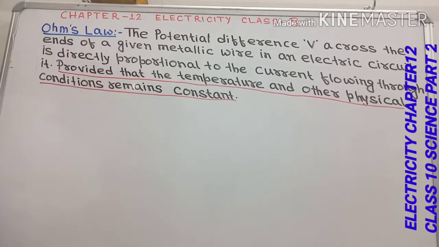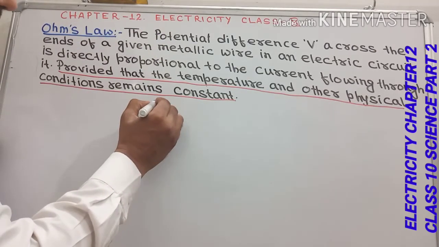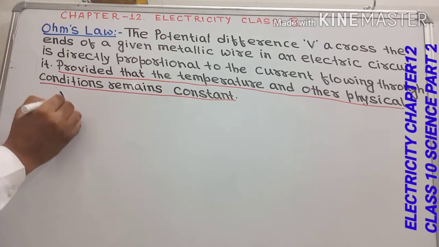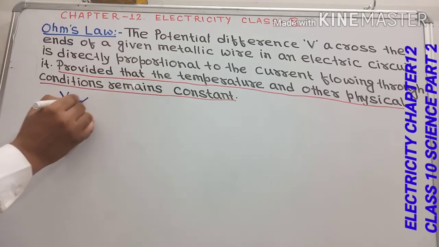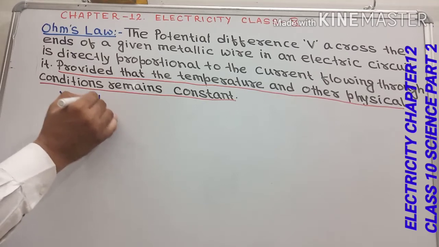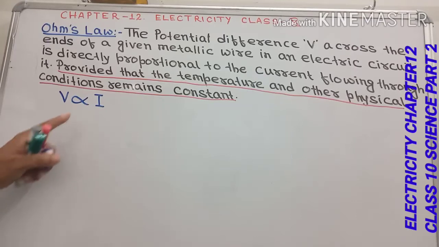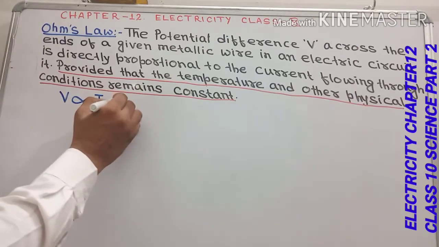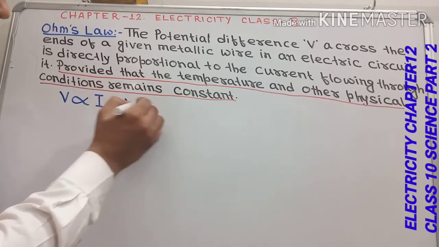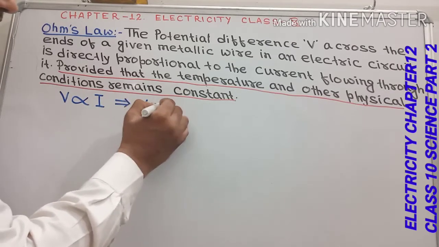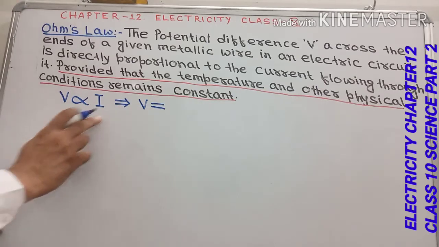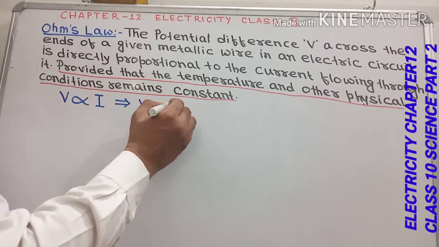Now according to this, we can say that the potential difference V is directly proportional to the current I flowing in an electric circuit. If we want to remove this proportionality symbol, we can write equal, but before this we have to put a constant.